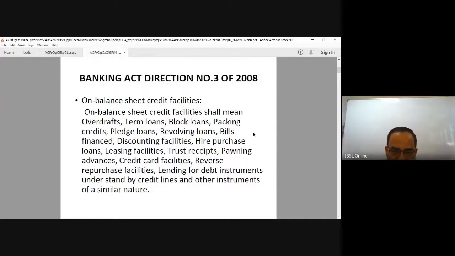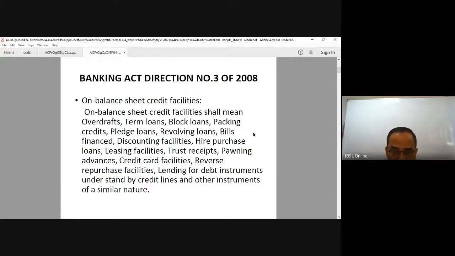Revolving loans, bills finance, basically if there are any pending bills of exchange, say for example, you are exporting, in an export bill, till the funds come, you discount it, right? You discount it or purchase it. So bills finance, that way. Discounting facilities also, you're discounting a bill.